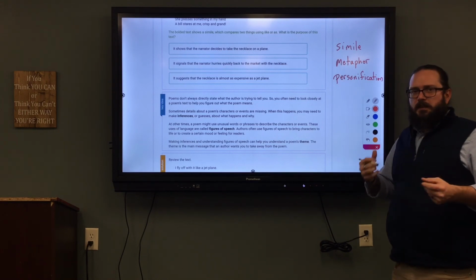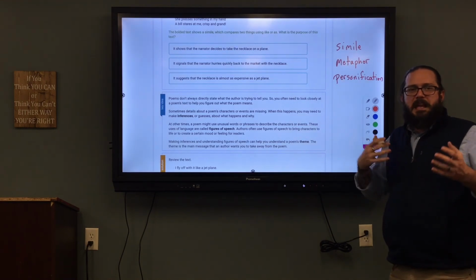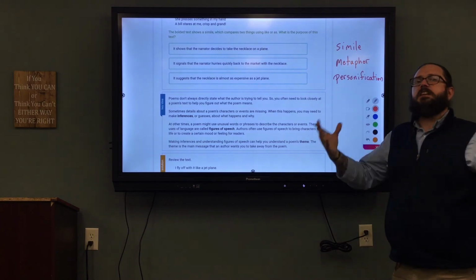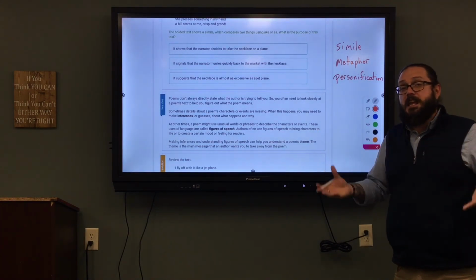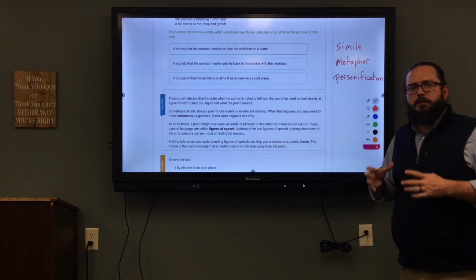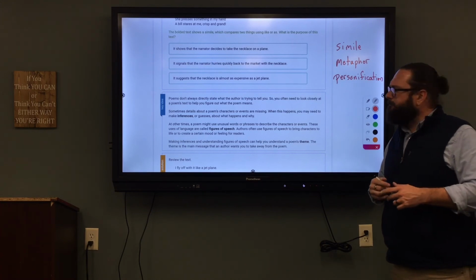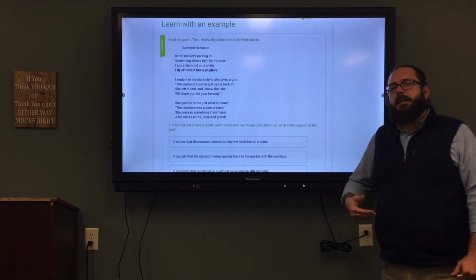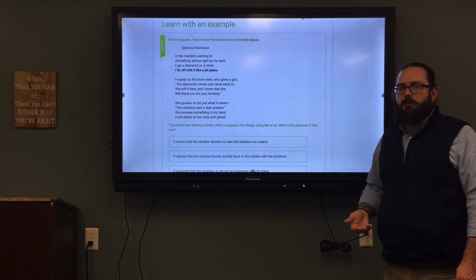So theme is sort of like the main idea or the main thing that the author is saying, specifically within literary texts. So let's take a look at the poem Diamond Necklace.